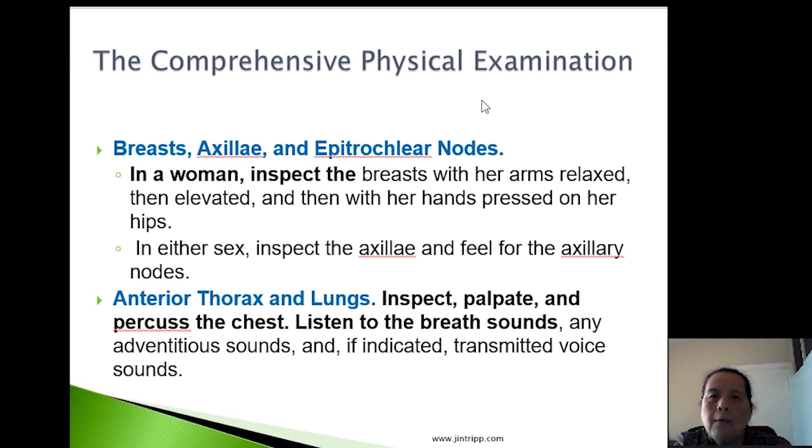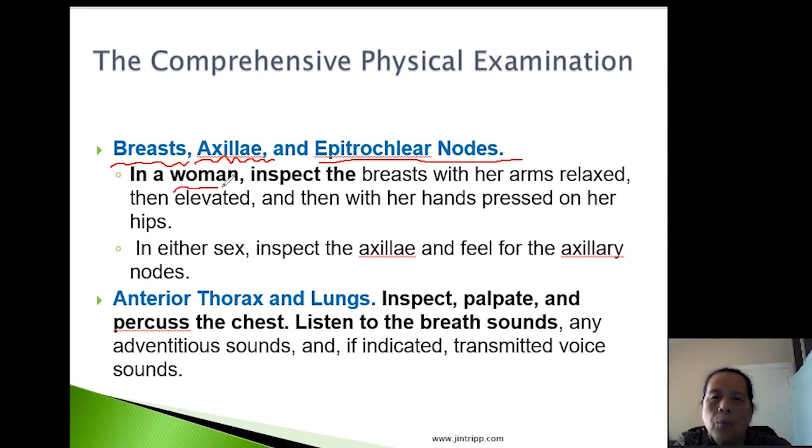And then we go to the front of the chest. In the front of the chest, we have breast tissue there. We can check the axillary area, and we also can check if we have some nodules there.